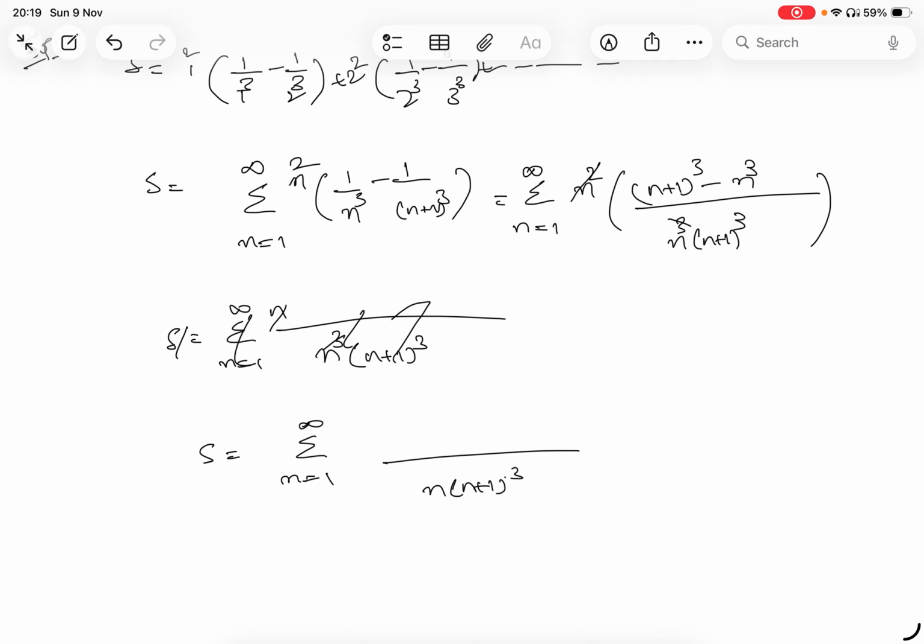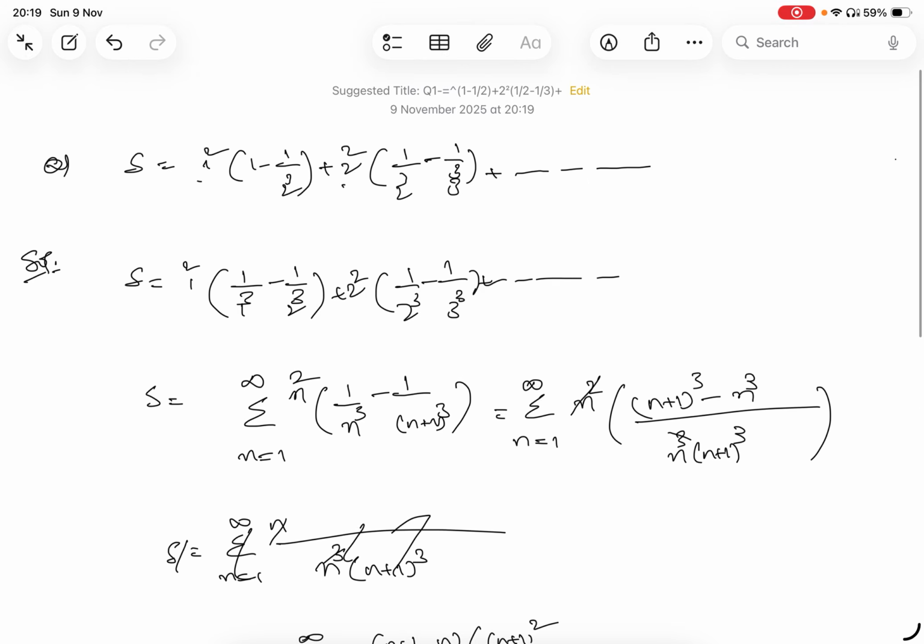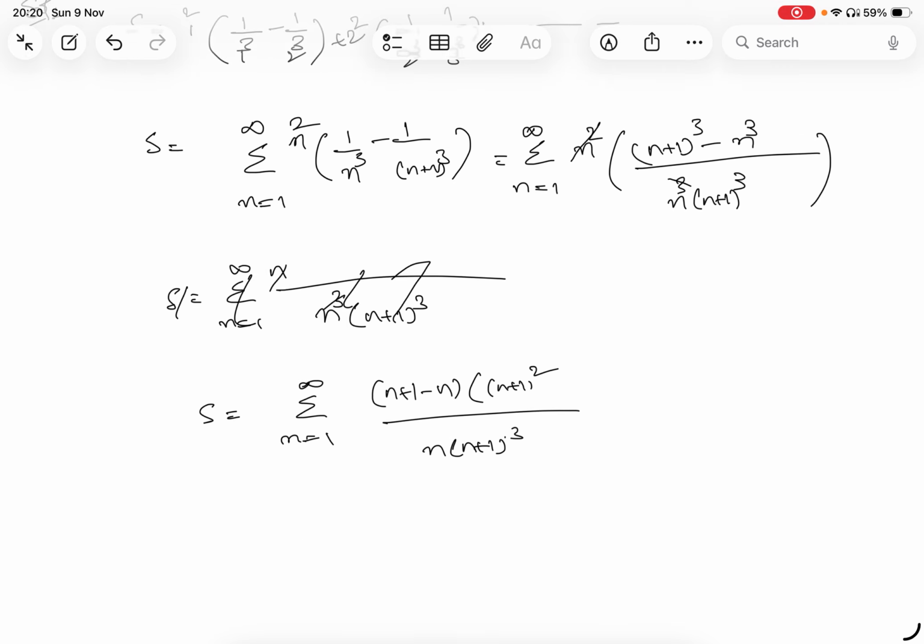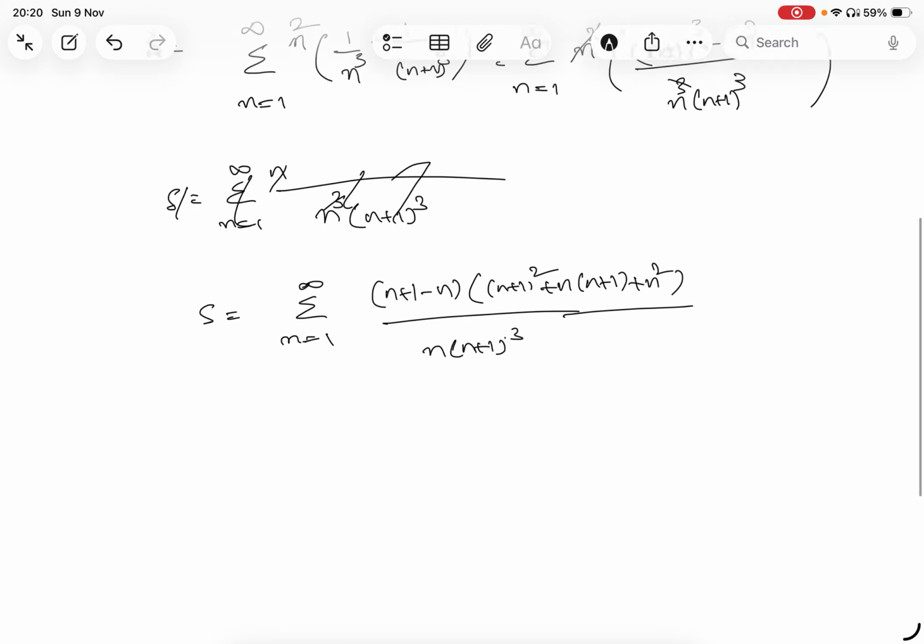This is a cube minus b cube form, which is a minus b into a square plus ab plus b square. A minus b is n plus 1 minus n, which is 1. A square is n plus 1 whole square, plus ab, n into n plus 1, plus b square, which is n square. Fine.